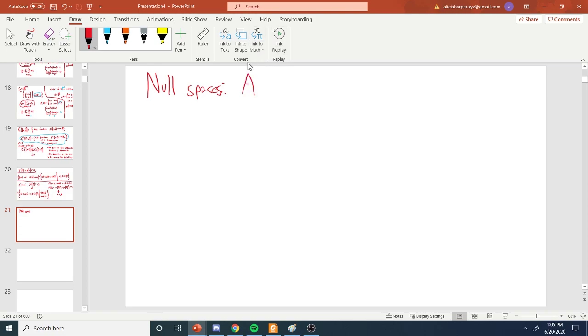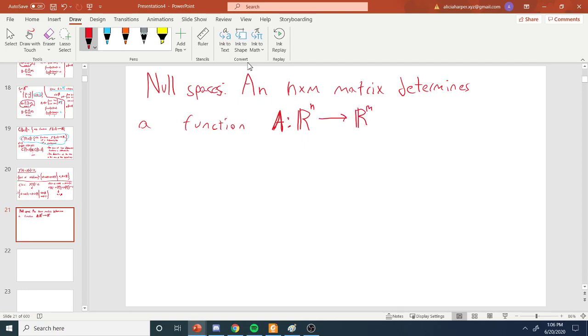So an n by m matrix, say we denote our matrix by A, determines a function from the set of n-dimensional column vectors to the set of m-dimensional column vectors, given by: you take a vector v in Rn and you map it to A times v.